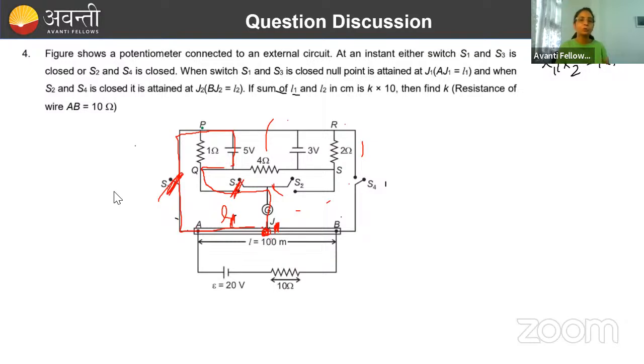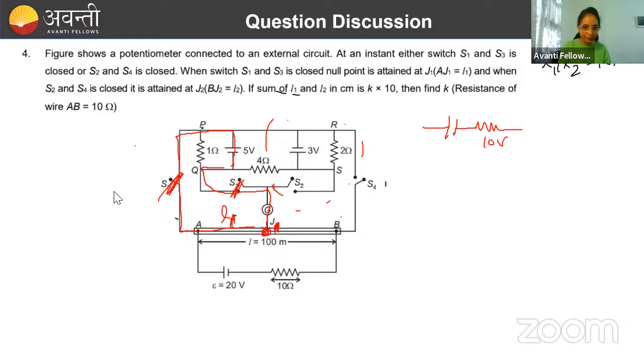Potentiometer solve करने का तरीका ये होता है कि first you solve the potentiometer circuit, then you solve the external circuit. तो चलो मैं पहले potentiometer circuit को solve करती हूँ. We need to make the potentiometer question easy by understanding the circuit separately, potentiometer circuit and external circuit.